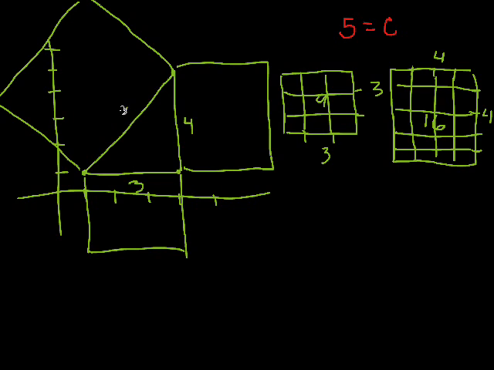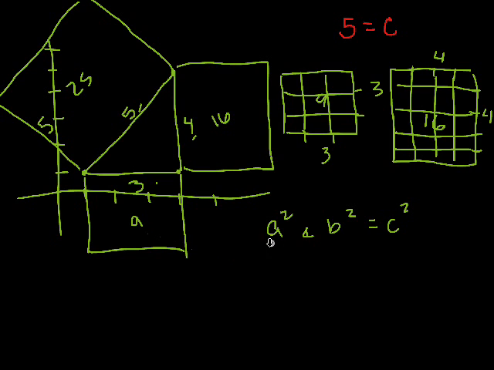Because this length would be 5 here, this length would be 5 here, and 5 by 5 is 25. This is 9 and this is 16. So you can see where the numbers came from again, because we had a squared, this is a, b squared, this is b, equals c squared, this is c.